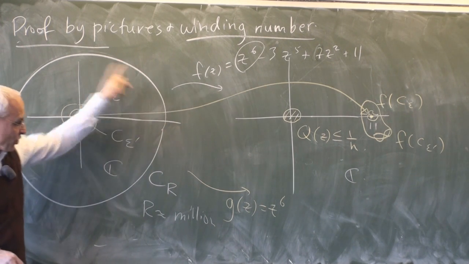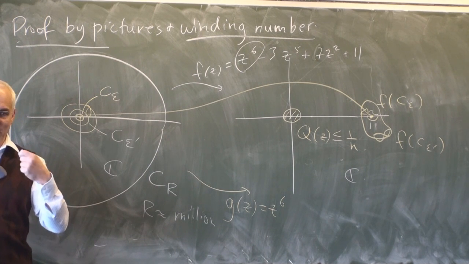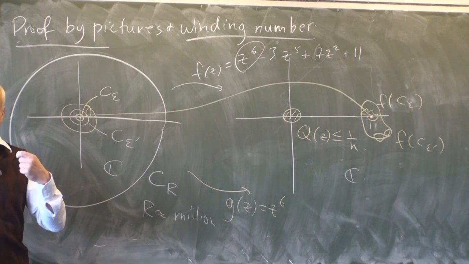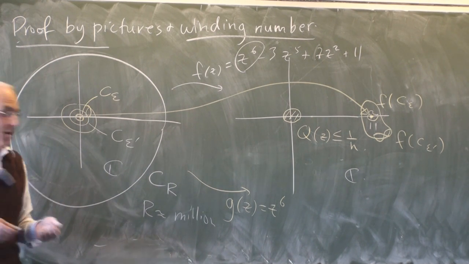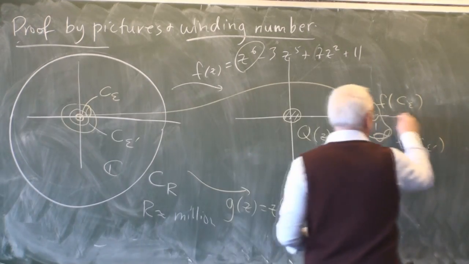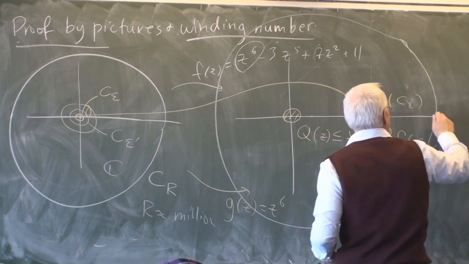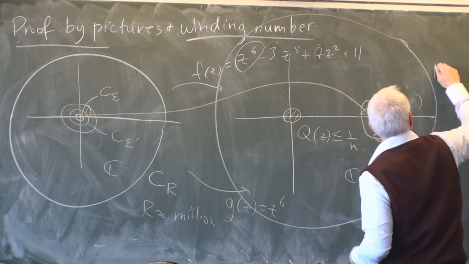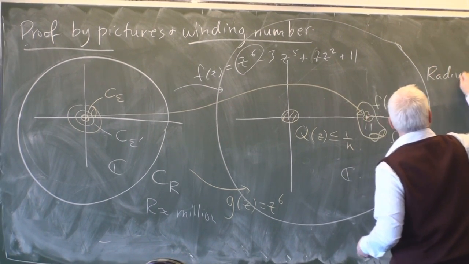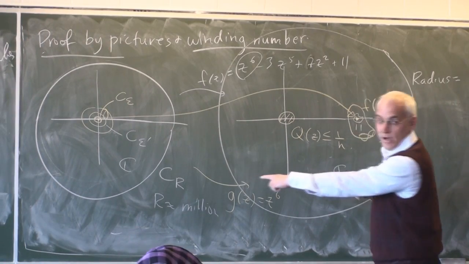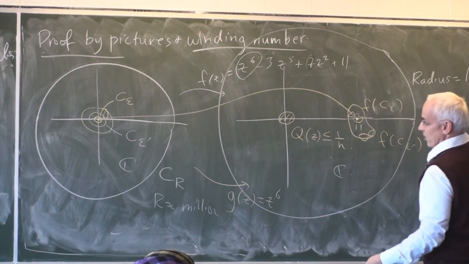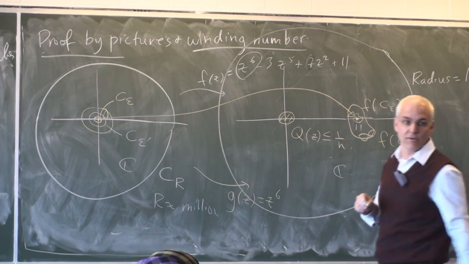Well, the image of a circle under the power z to the 6th map is very easy to understand. It's another circle whose radius is even bigger. If that circle has radius r, then this circle will have radius r to the degree, in this case 6.